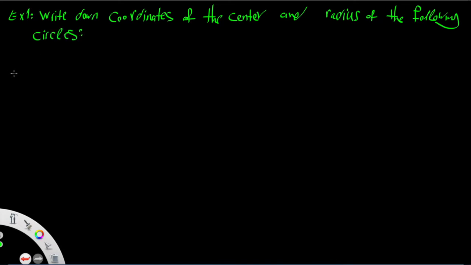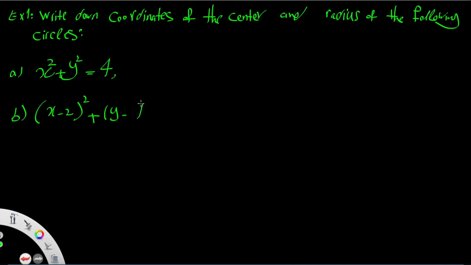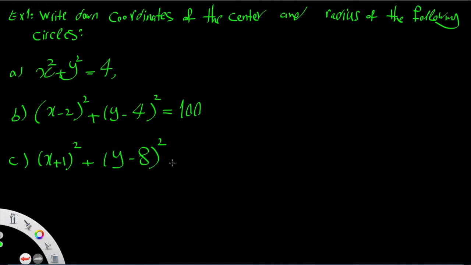Now we write some equations. Part A, x squared plus y squared is equal to 4. Part B, x minus 2 squared plus y minus 4 squared is equal to 100. Part C, x plus 1 squared plus y minus 8 squared is equal to 12.